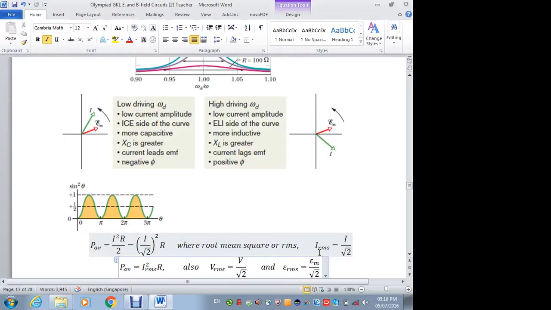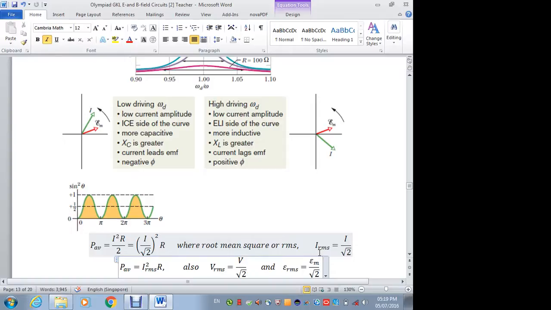You go and try this at home, then you will probably get I naught over root 2 for a sinusoidal function. Again, you have to use the double angle formula, because you can't integrate sine squared directly. So the I root mean square will be replaced by I naught over root 2.